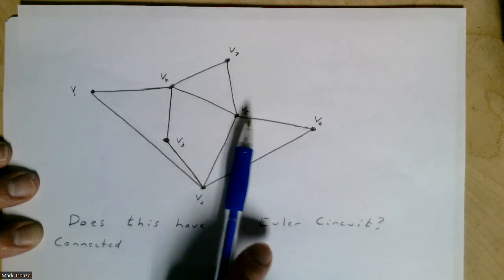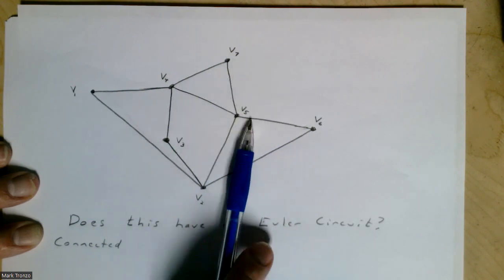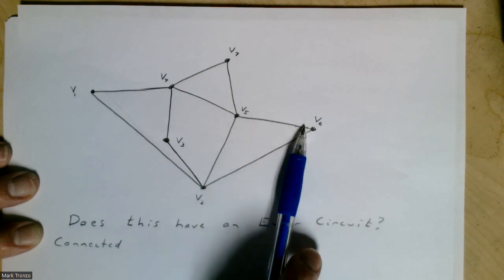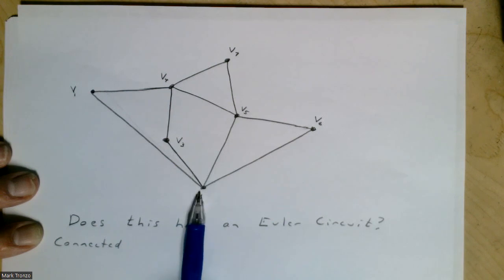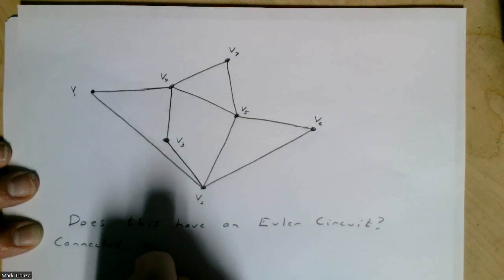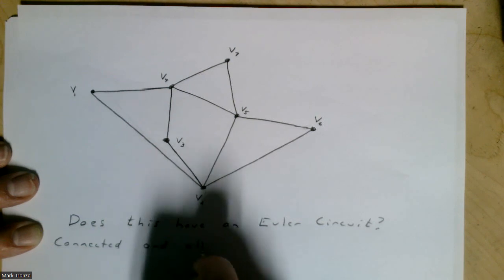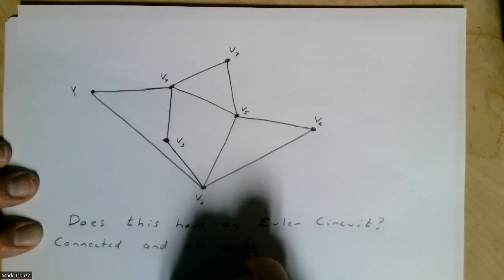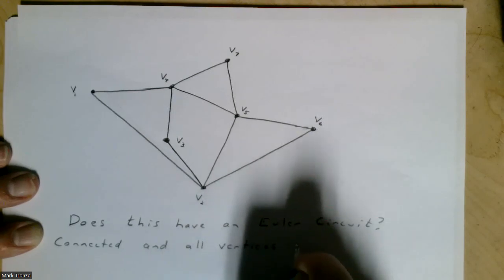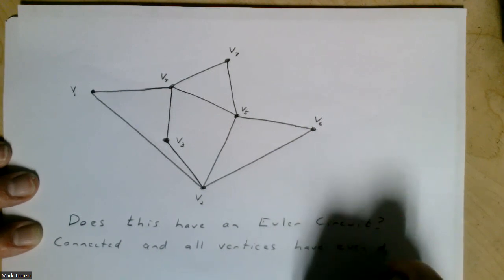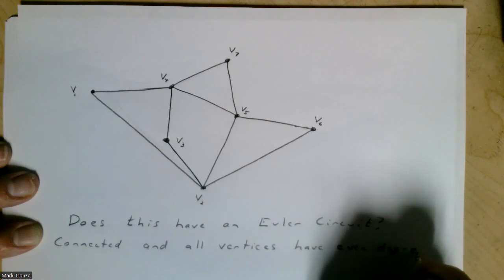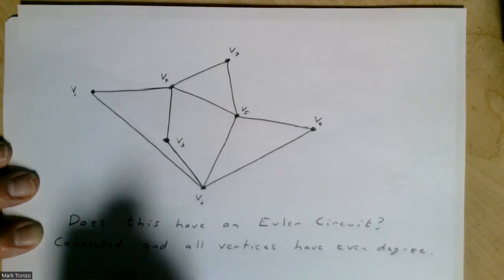Degree 2. This one, 1, 2, 3, 4. Degree 4, that's even. 1, 2, degree 2. 1, 2, 3, 4. Degree 4, even. Degree 2, even. Yes, connected, and all vertices have even degree. So yes.